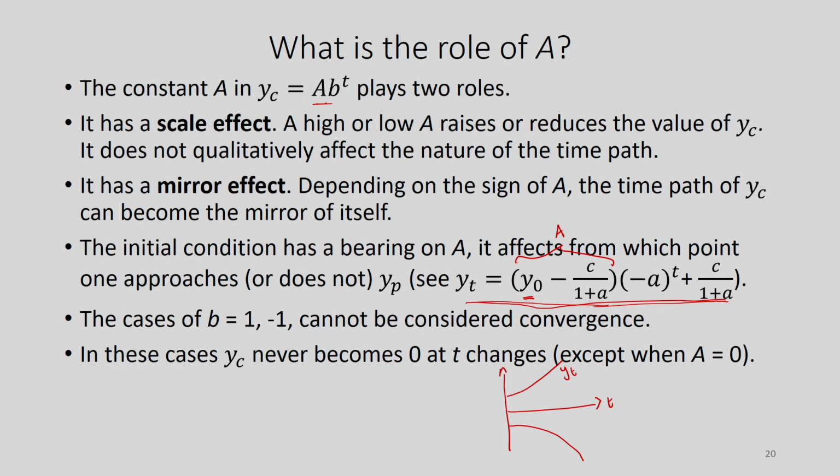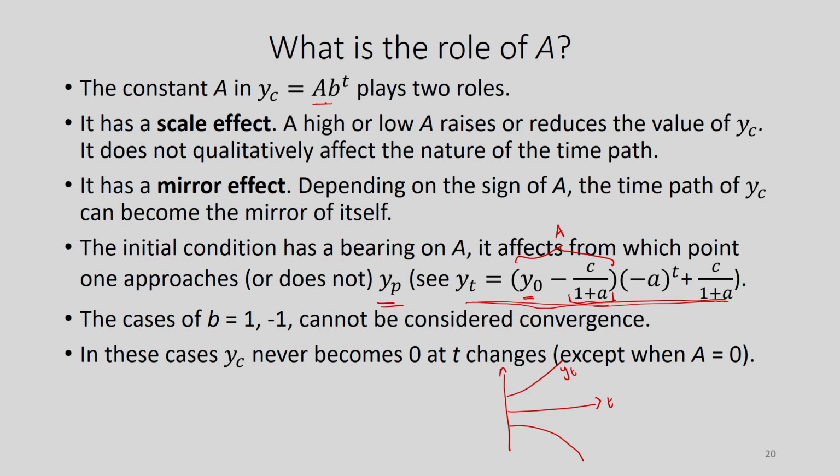So, if y0 changes, capital A will change, and depending on the value of y0, one can have a positive A or a negative A. For example, if y0 is greater than the intertemporal equilibrium C divided by 1 plus a, then capital A becomes positive. Otherwise, if y0 is less than C divided by 1 plus a, capital A becomes negative. So, that is why I have written that it affects from which point one approaches yp.